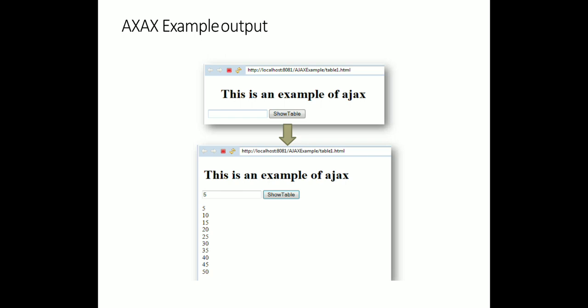We have seen the operations that are performed under Ajax, then how the XMLHttpRequest object is created, and how the Ajax script is written. That also we have seen with the basic example, and that is the end of your fourth unit.